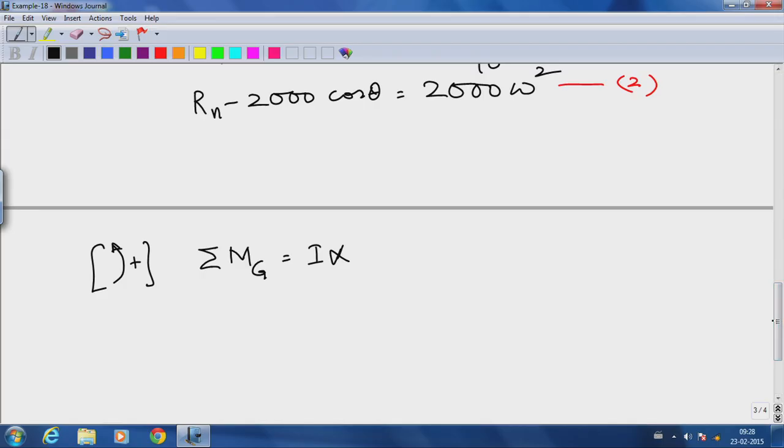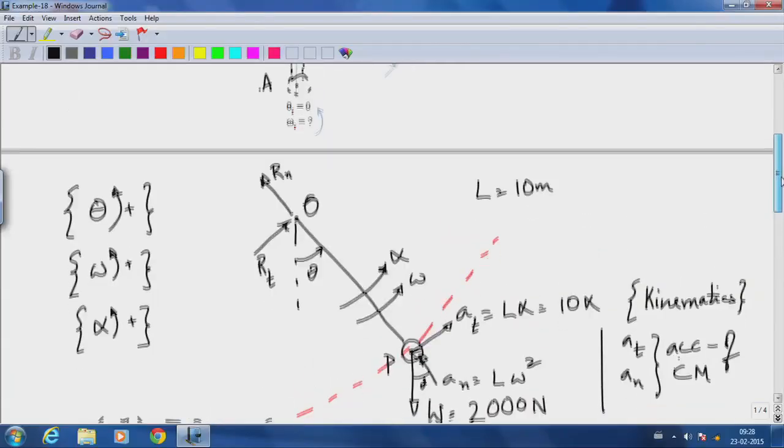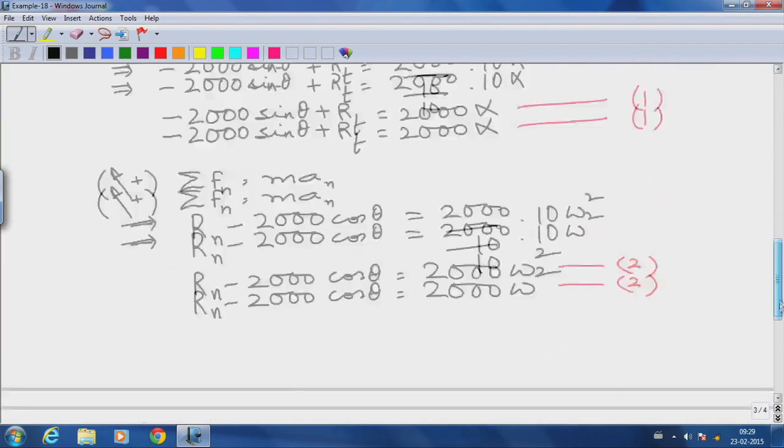Okay, so let us write this. The sum of all moments: the only force that causes a moment is R sub t. R sub t causes a moment.